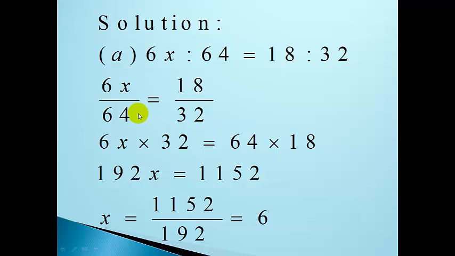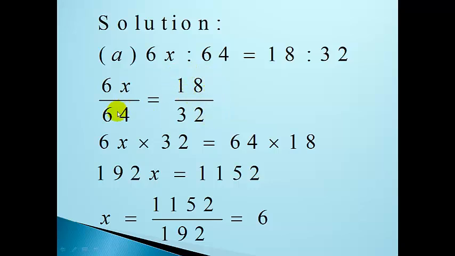So by cross multiplication, 6x on the left hand side multiplies 32 on the right hand side. That is, the numerator on the left hand side multiplies the denominator on the right hand side. So we have 6x times 32 on the left hand side. This is equal to 64 times 18, that is, the denominator on the left hand side multiplies the numerator on the right hand side.